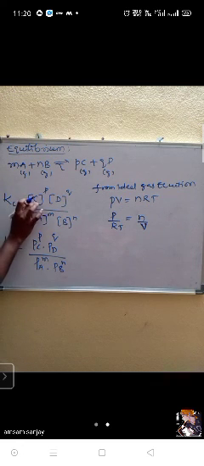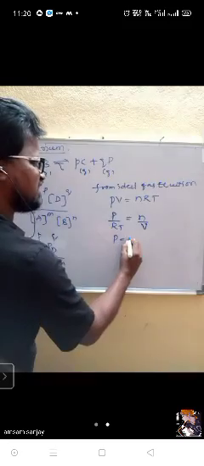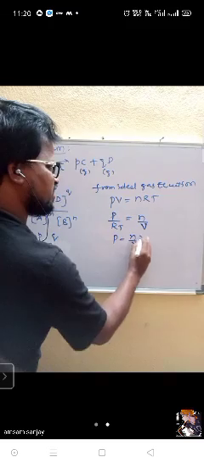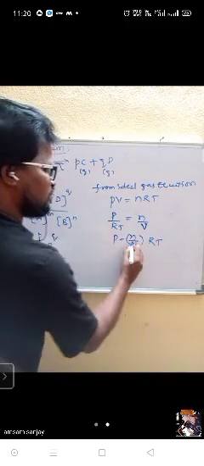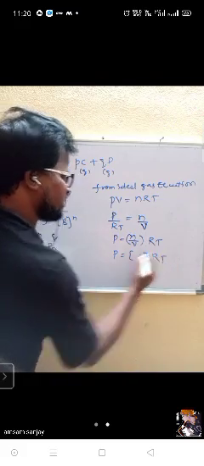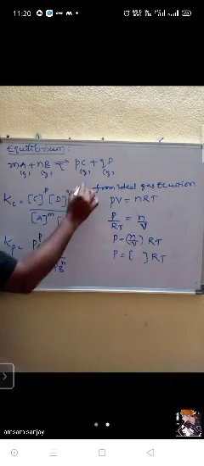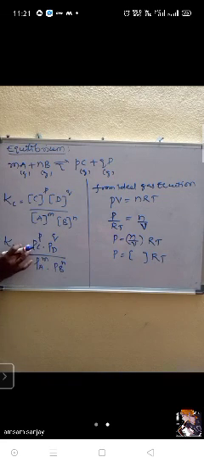Now carefully see. Wherever the concentration is there, or wherever the pressure is there, see, P is equal to n by V into RT, but this is concentration. It means wherever the pressure is there, I can write concentration into RT. Wherever the pressure of C is there, I can write concentration of C into RT to the power of p.